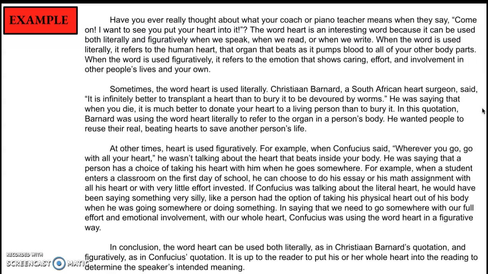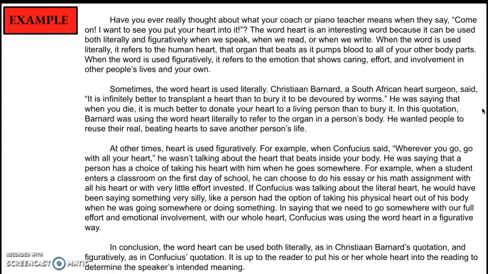At other times, heart is used figuratively. For example, when Confucius said, "Wherever you go, go with all your heart," he wasn't talking about the heart that beats inside your body. He was saying that a person has a choice of taking his heart with him when he goes somewhere. For example, when a student enters a classroom on the first day of school, he can choose to do his essay or his math assignment with all of his heart or with very little effort invested.